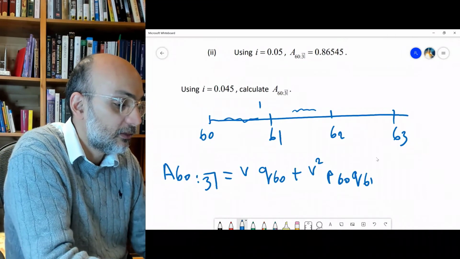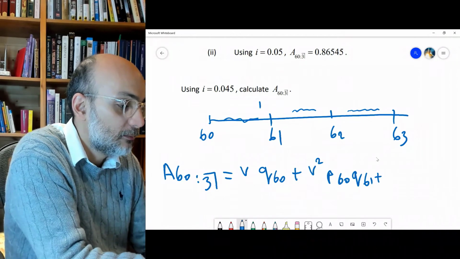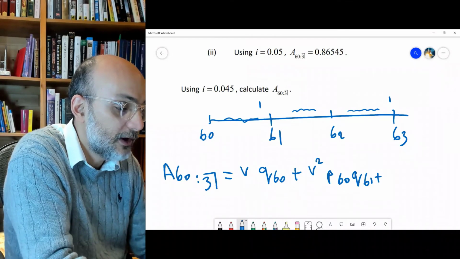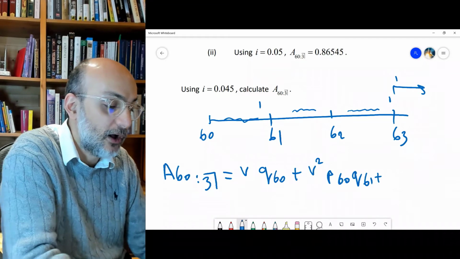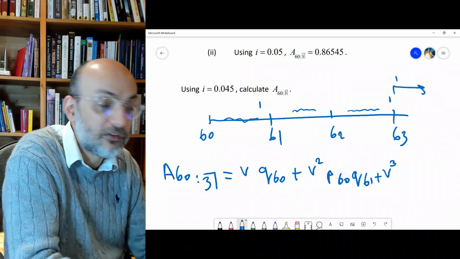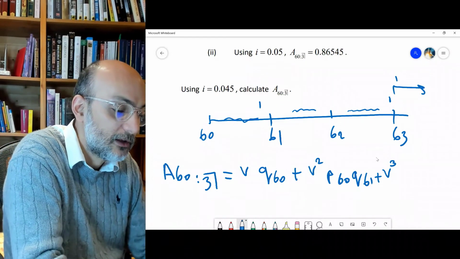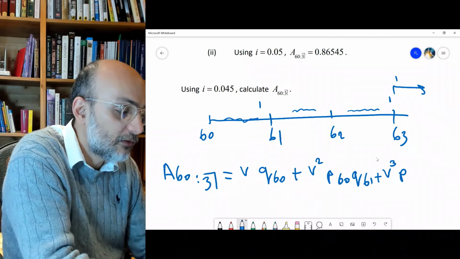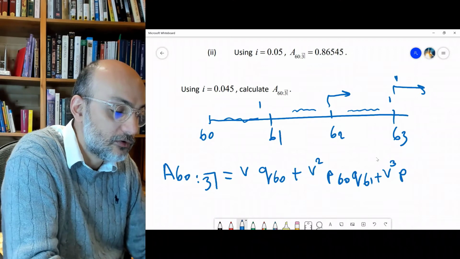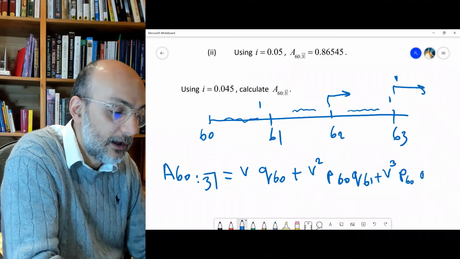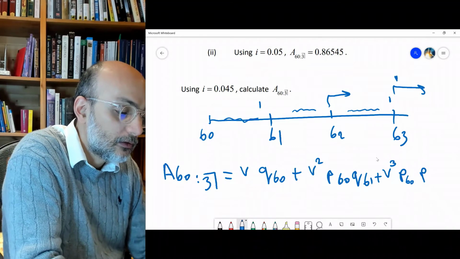Now, if death happens here, well, we need to remember there is no 1 here. So you're going to get 1 if death happens, or you're going to get 1 if death did not happen. So at the end of year 3, which is V3, you're going to get the dollar regardless, death happens or not. So if we only survive here, we're going to get the dollar here regardless. So you only need to do 60 and P61.